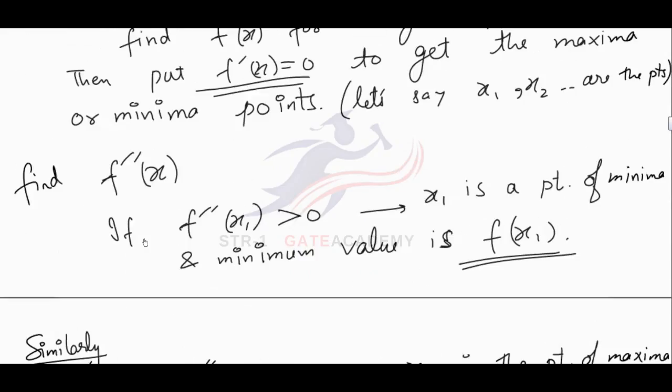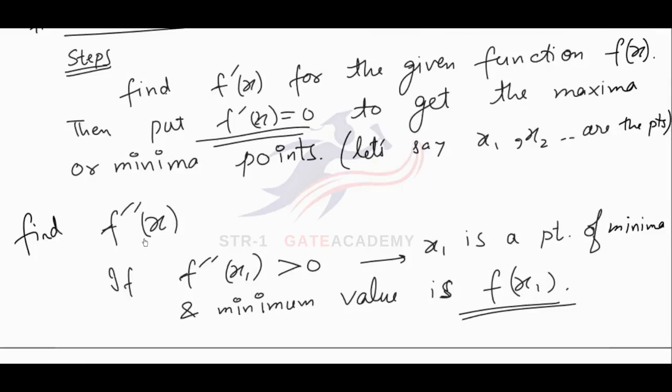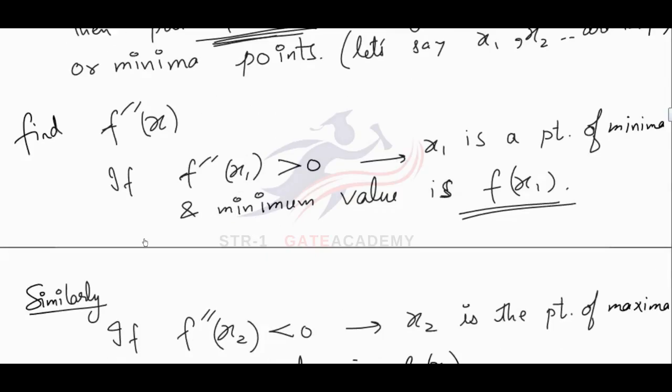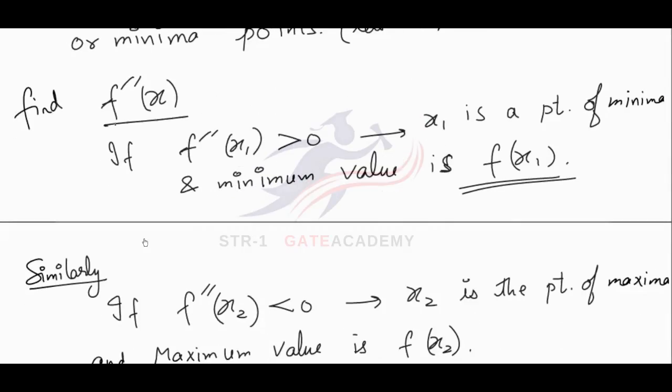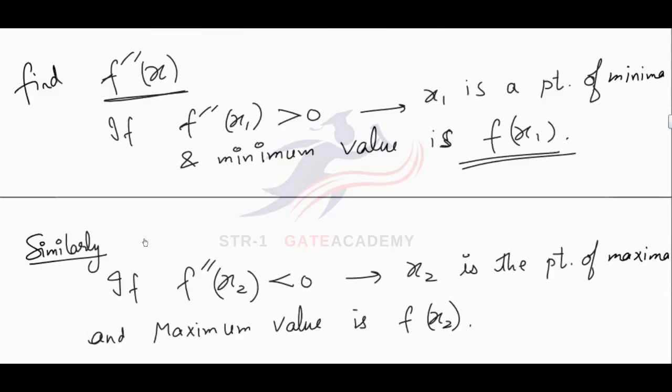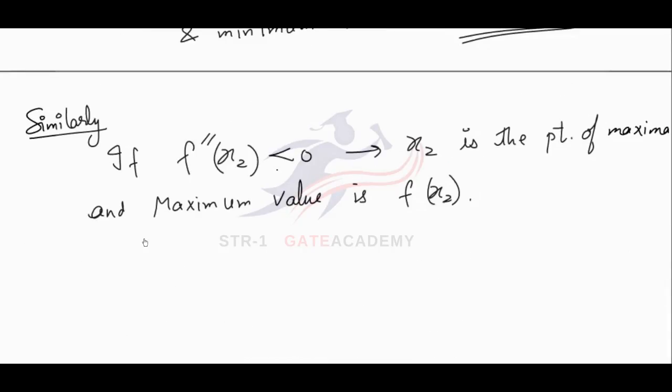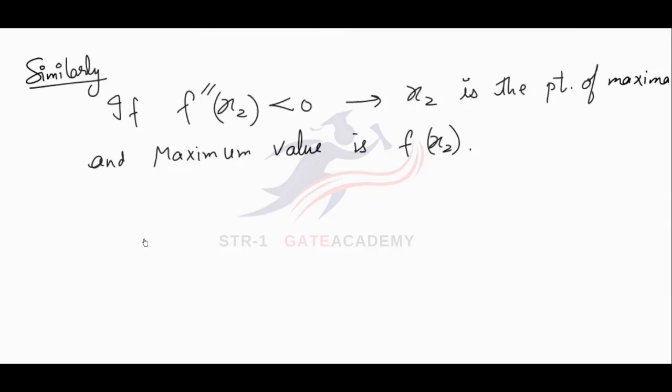So what I said was find f dash x, put f dash x equal to 0, find out minima or maxima points. At these points, find f double dash x. If f double dash x is less than 0, point of maxima; greater than 0, point of minima.